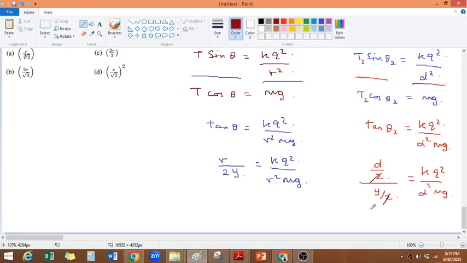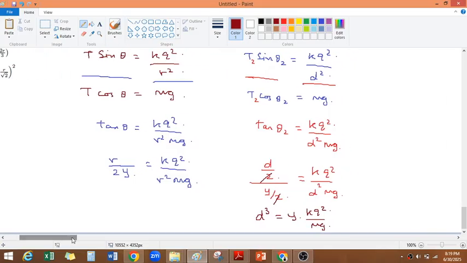So this will become d cube, y will come here. So d cube equals y times kq squared by mg. Kq squared by mg can be replaced with r cube by 2y.